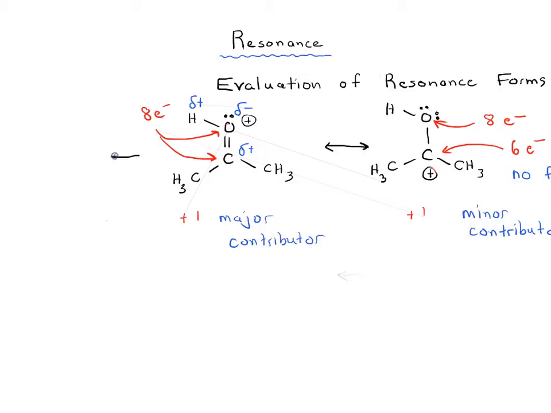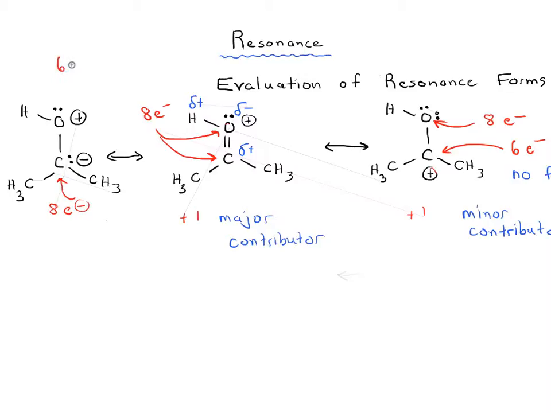Now there's actually a third resonance form which I didn't draw here, but we can draw this as well and show why this is even worse. So we could also draw this resonance form where we'd have a lone pair on the carbon, and notice that we've got 8 electrons on the carbon.